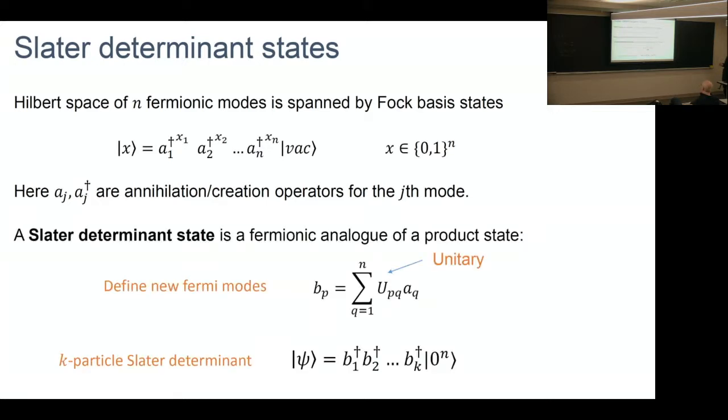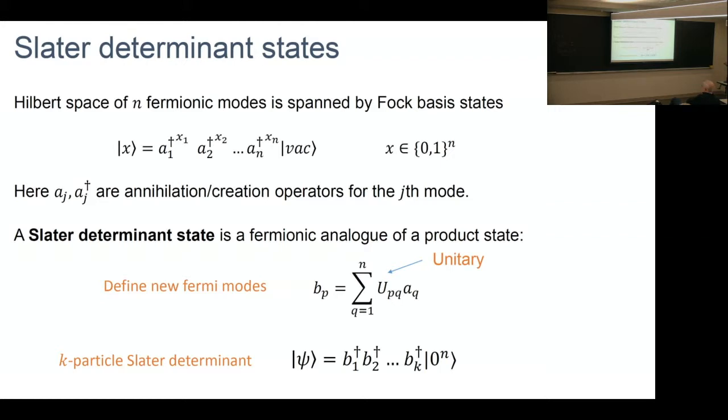Now, a Slater determinant state is some kind of fermionic analog of a product state. In particular, we can define some new fermionic modes that are obtained from the old ones by some linear transformation where the coefficients are drawn from a unitary matrix. And then a Slater determinant is just acting on the vacuum state, all zeros, by applying these new fermionic modes.